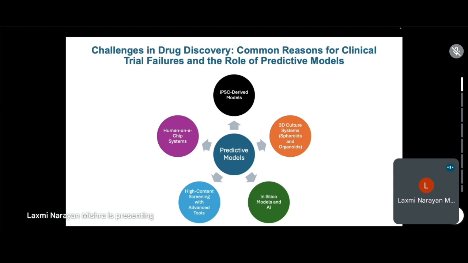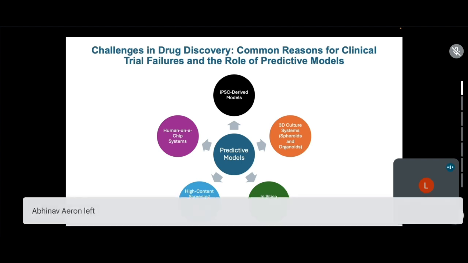One of them is iPSC derived models, which is the main topic of this presentation also. iPSC derived models provide patient specific insights by mimicking human physiology, and they enable testing of efficacy and toxicity in diverse genetic backgrounds, because iPSCs we can make from any individual. That I will come to later during my talk.